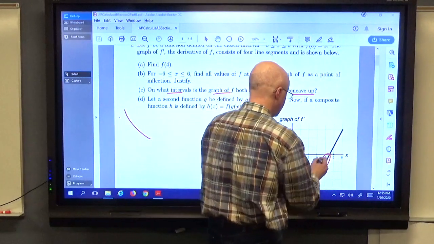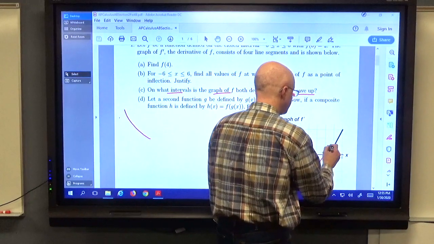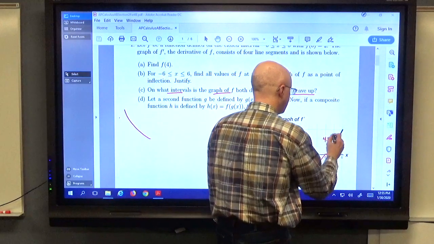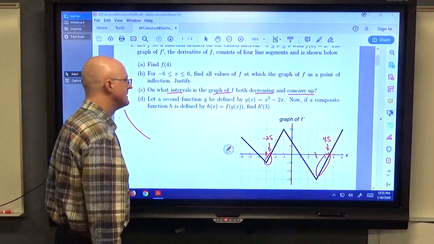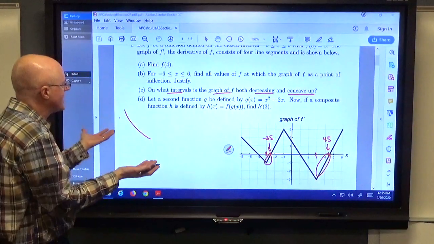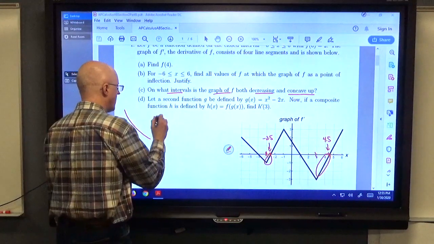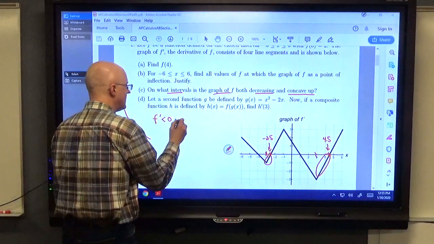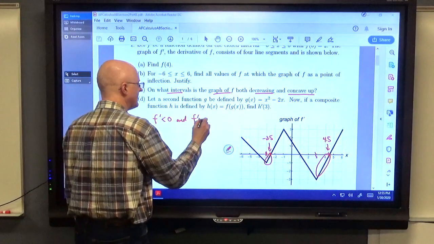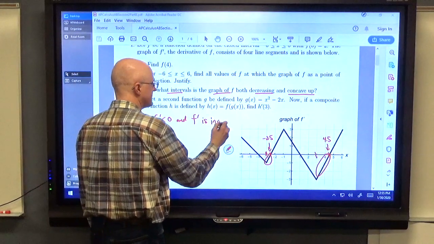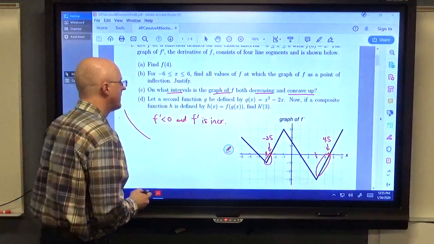And when x is between 3 and 4.5 is right there. Okay? And doesn't say to justify, but you could certainly give a brief reason. You could say, I'm looking for where f prime is negative and f prime is increasing. You could also say f double prime is positive.